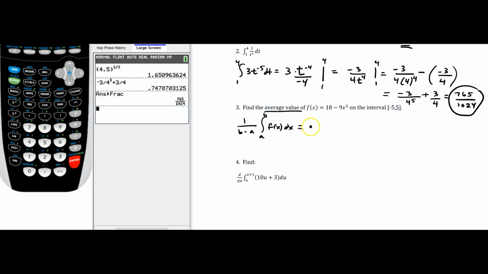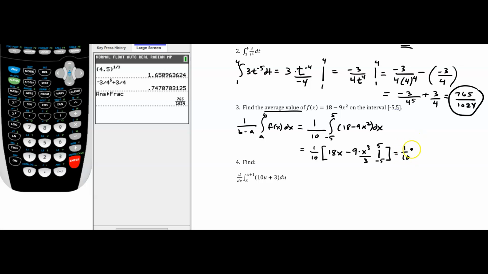And so this is equal to, in this case, 1 over 5 minus negative 5, so that'll be 1/10 times the definite integral of 18 minus 9x squared going from negative 5 to 5. So this is 1/10. I'm going to do the antiderivative of this now, so that'll be 18x minus 9 times x cubed over 3. Have to plug in 5 for my upper limit, negative 5 for my lower.